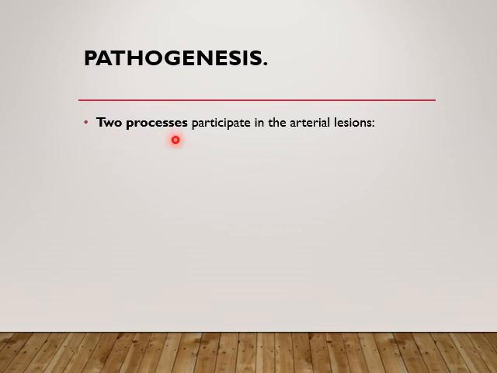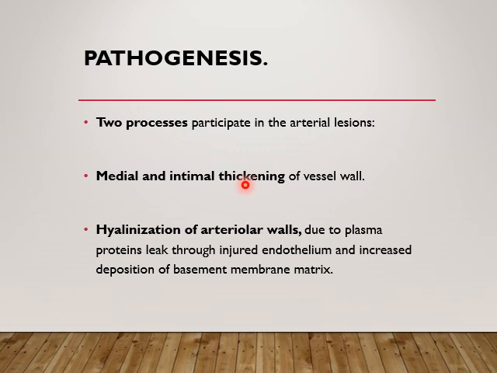So there are two pathological mechanisms involved. As explained, each vessel wall has three layers: intima, media and adventitia. The two processes involved in the arterial lesions are, first, fibrinoid necrosis and sclerosis, which lead to deposition of basement membrane matrix, so the entire tunica media and intima layer of the vessel wall becomes thickened. And one more thing to remember in benign nephrosclerosis is hyalinization of the arterial walls.